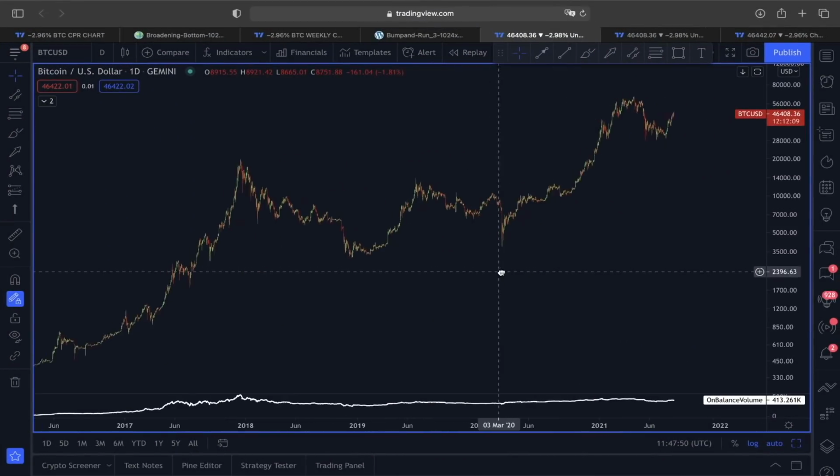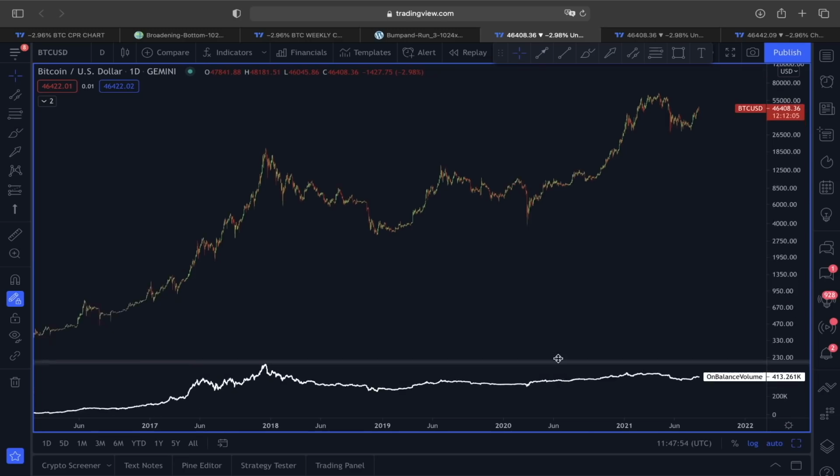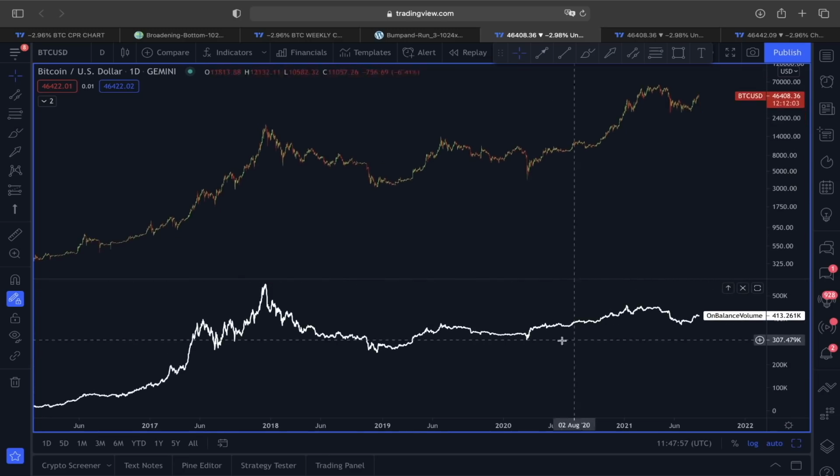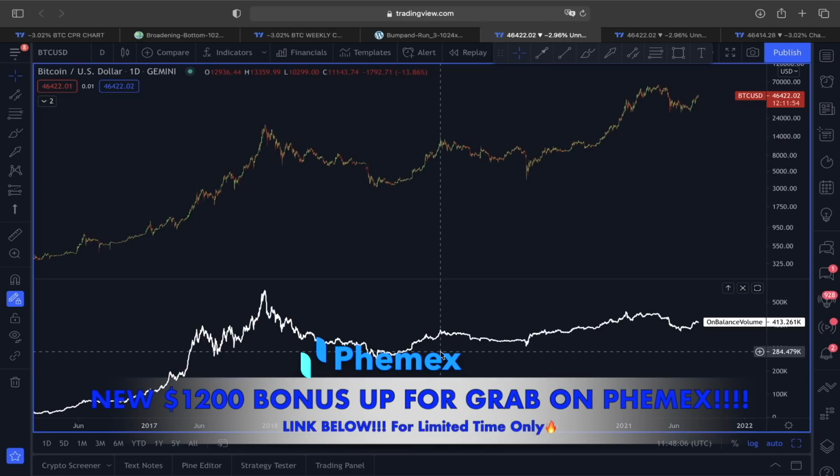So guys, now look at this price action of Bitcoin to the upside and at this on balance volume to the downside. On balance volume is a momentum indicator which shows us the crowd sentiment, and it also helps us predict the outcome, whether bullish or bearish.